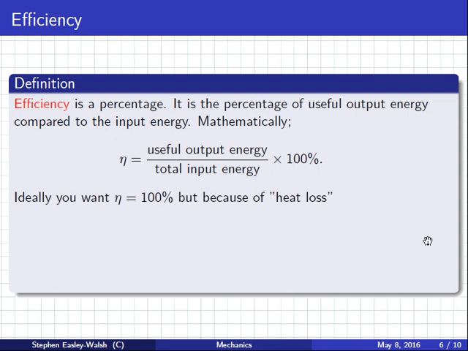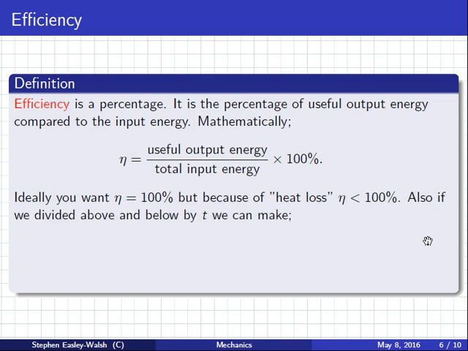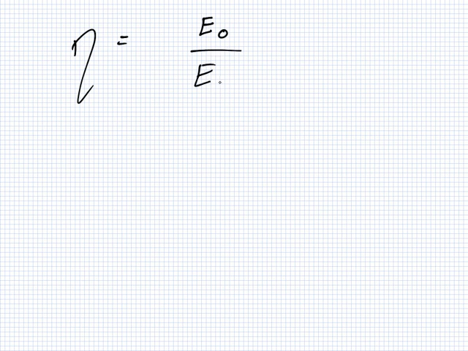Now, ideally you want 100%, but because of heat loss, it's always less than 100%. Interestingly, if we divide the top and the bottom by time, we get another useful result. So you have here efficiency equals the energy out over the energy or the work in multiplied by 100.